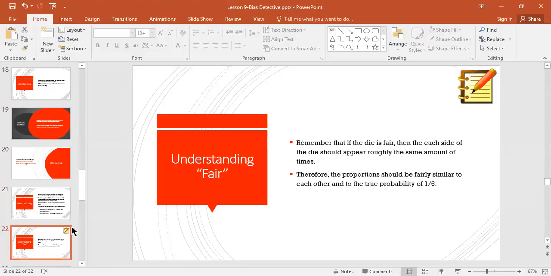Okay, so understanding this concept of fair. Remember, if our die is fair, then each side of the die should appear roughly about the same number of times. Therefore, the proportions should be fairly similar to each other and to the true probability of 1/6. 1/6 comes out to about 0.16667.